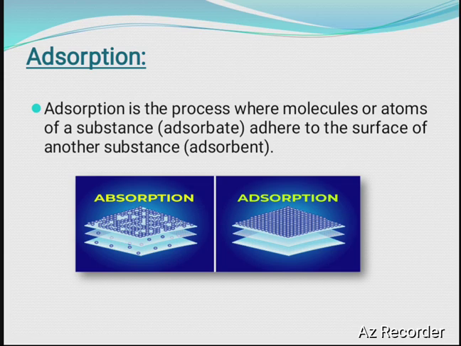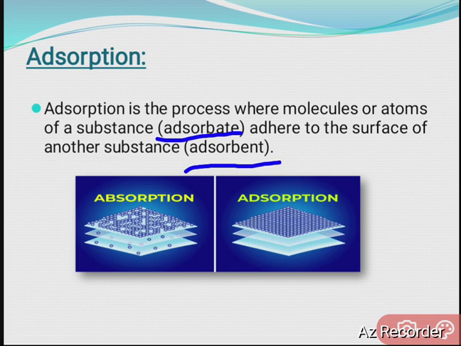Here the molecules or atoms of one substance accumulate on the surface of the other substance. The molecules or atoms which accumulate are called the adsorbate, and the surface on which they accumulate is termed the adsorbent.